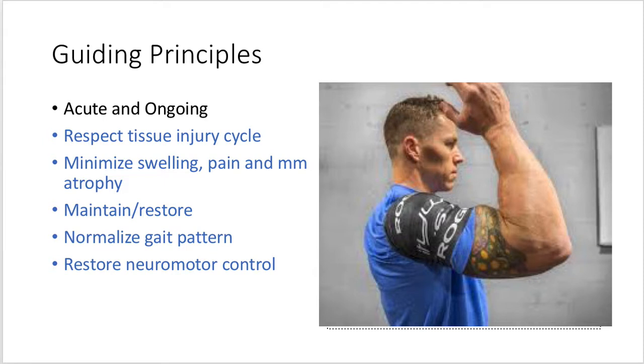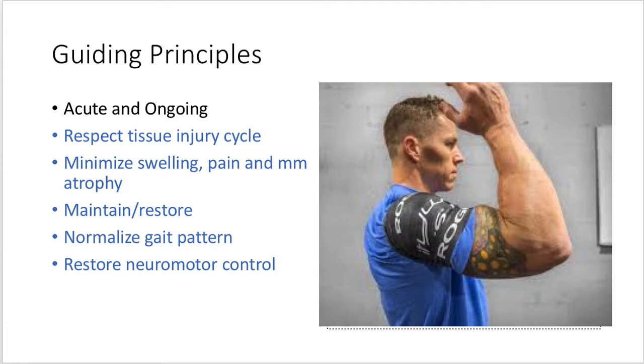We want to maintain and restore. So maintain meaning you want to maintain what they have. So what comes to mind for you guys with that? How many of you have had someone come in with low back pain and walk into the clinic, yet most of the exercises were performed where? Yeah, probably on a table. So if they're able to walk in, why are we spending a lot of time on a table in a supported position?